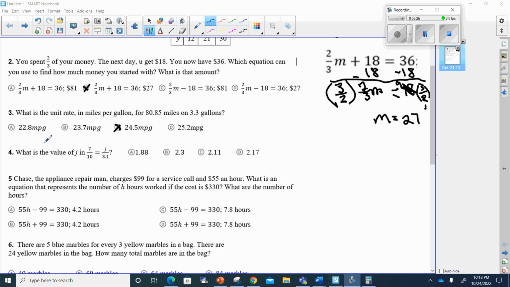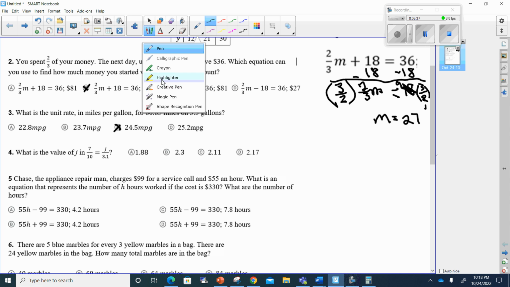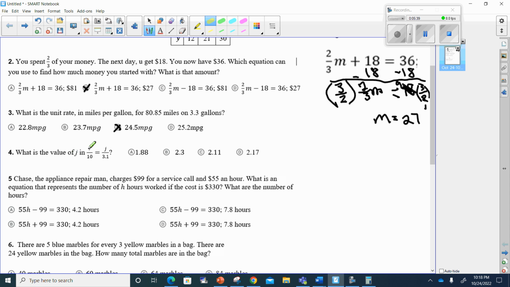All right, number 4 says, what is the value of J? They got 7 over 10 equals J over 3.1. This is a cross product problem. Remember, I'm just going to highlight it here, we're going to take the number on top here multiplied by the number on the bottom there, and that has to equal the number on the bottom here times the number on the top there.